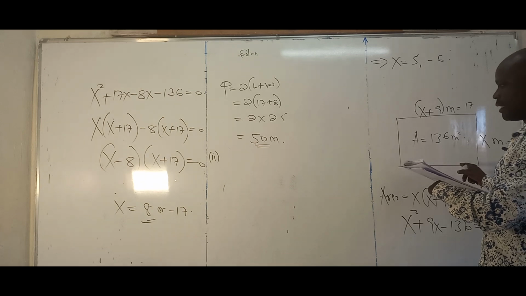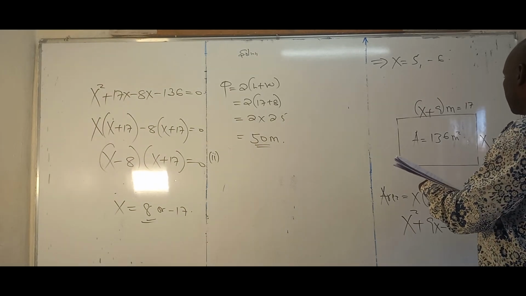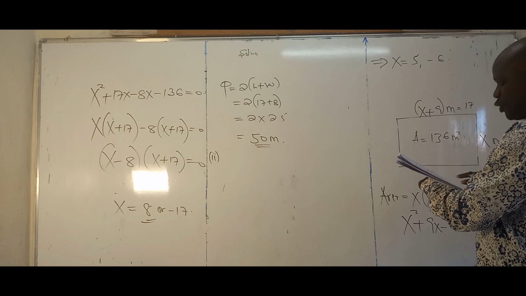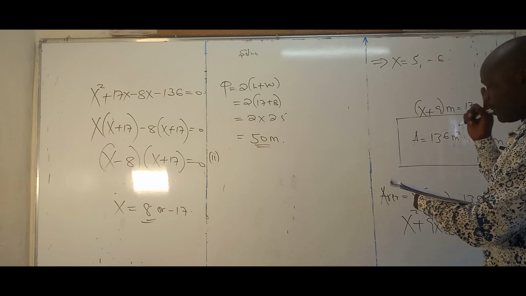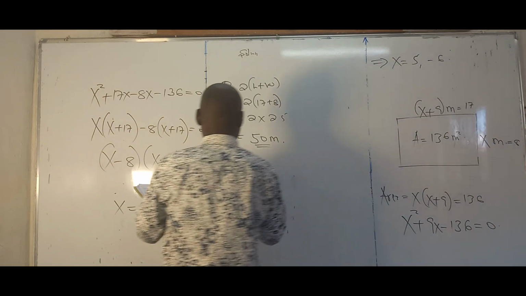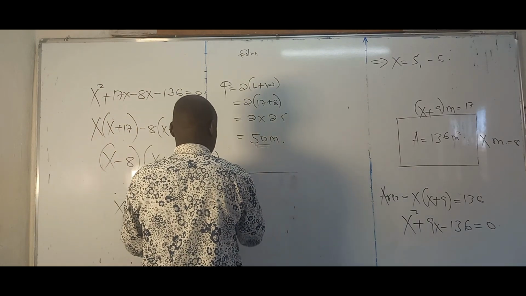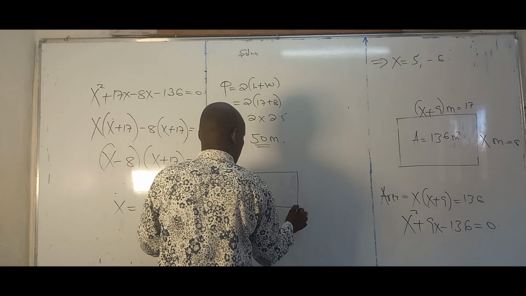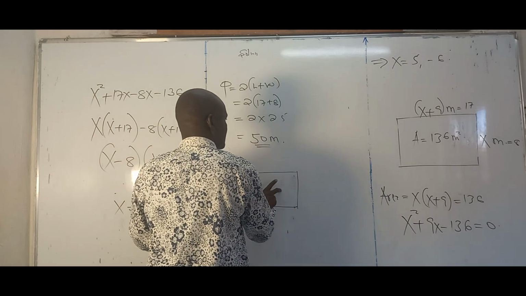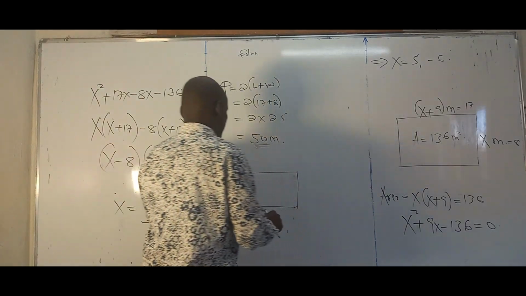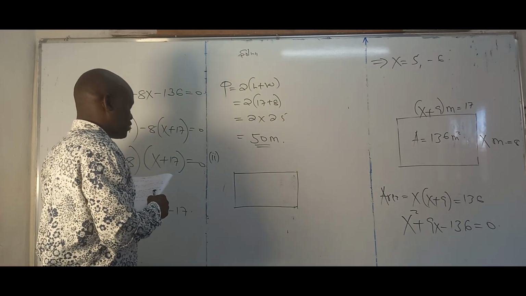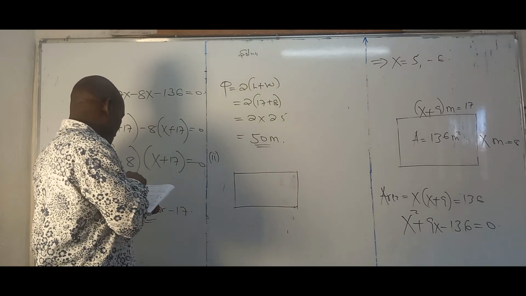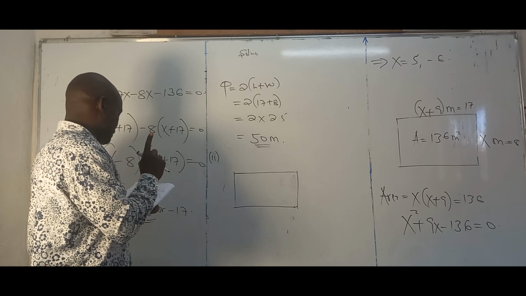It leaves such an area. And if I sketch it, we understand that it is relatively smaller compared to this. We are told that the length of the carpet is twice its width.